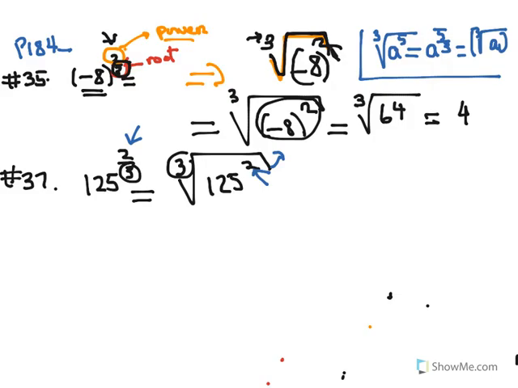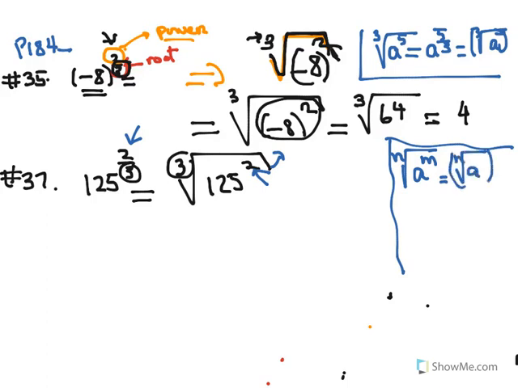Let me put it in here so you can see again. If I have the nth root of a to the m, I can write this as the nth root of a, everything to the m. In other words, I can have the m inside or I can have the m outside.